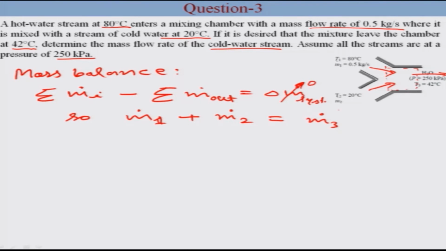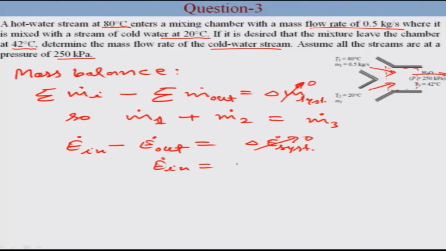From the energy balance we get rate of energy in minus rate of energy out equal to change in energy of the system. So this will also be 0. So from here we get rate of energy in will be equal to rate of energy out.